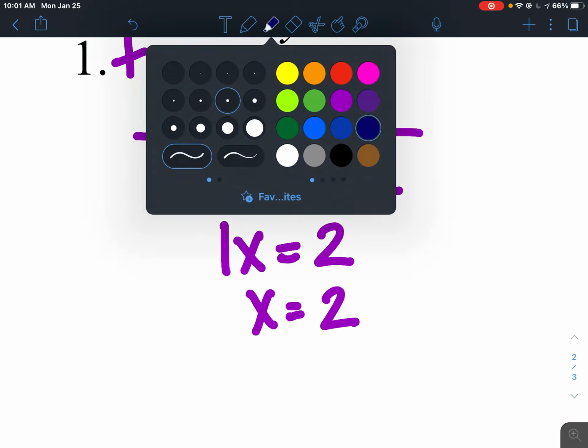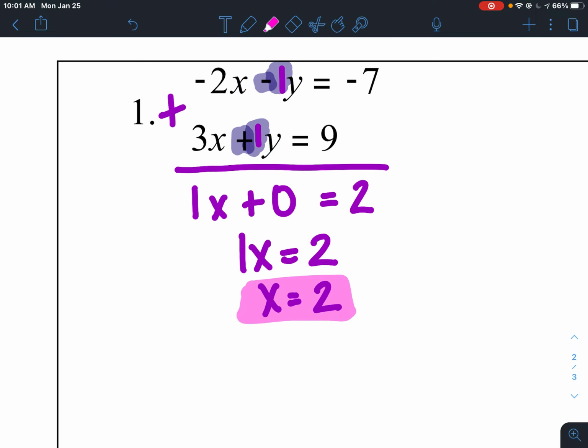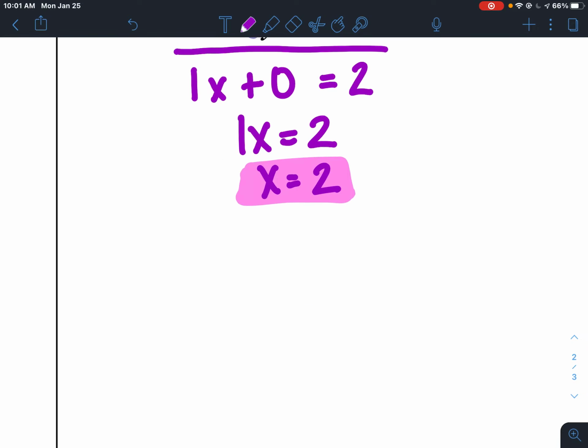So I'm going to highlight that 2 so I don't forget about it. I want to make sure that it's easy to find when I need it. And I'll take that x value and plug it back into one of the equations above. I'll choose the second one just because it was positive numbers and I didn't want to deal with negative numbers. But either one would work. 3 times 2 plus y equals 9.